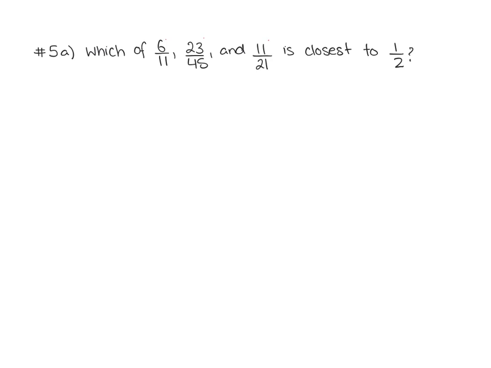This is a half more. So you can either think about the size of pieces, or you could do division. So to start with, we could look at the size of pieces. Which one of these will have the bigger piece? So if you divided the same rectangle into 11 pieces, would they be bigger than if you divided that same rectangle into 45?